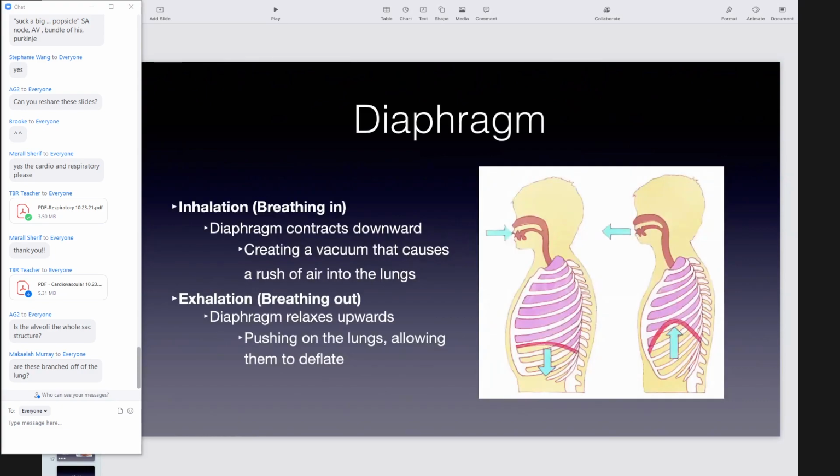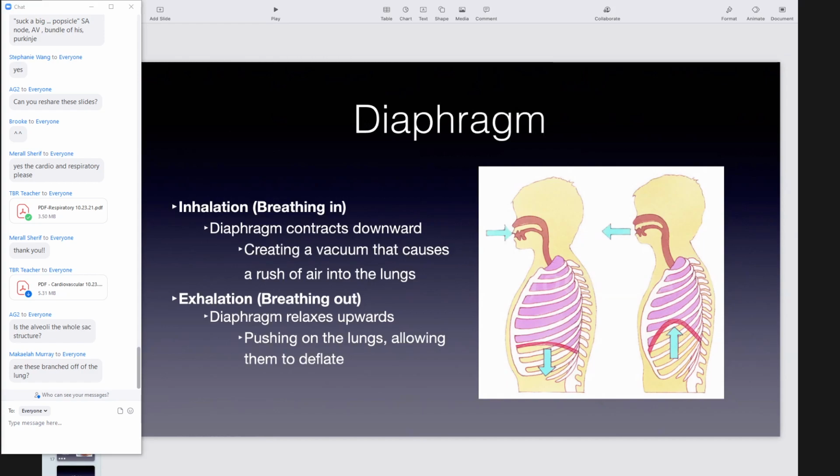So as I mentioned briefly during shunting, fluids always follow the area of least resistance or go from high pressure to low pressure. And so what we're doing in breathing is changing the pressure inside the thoracic cavity.